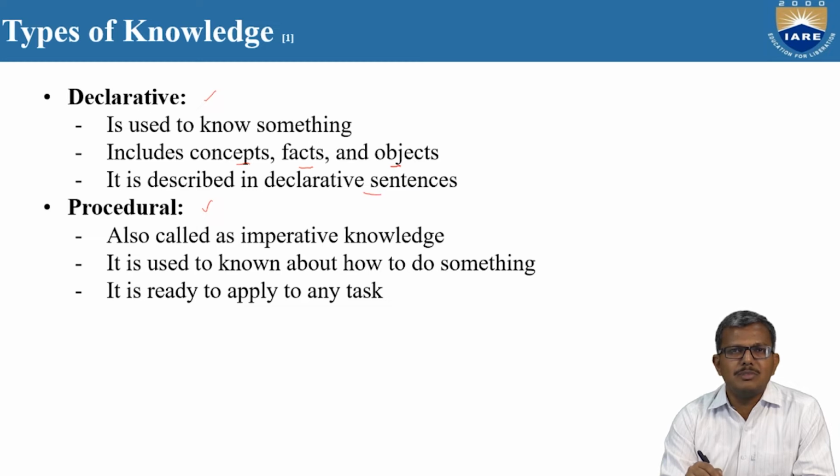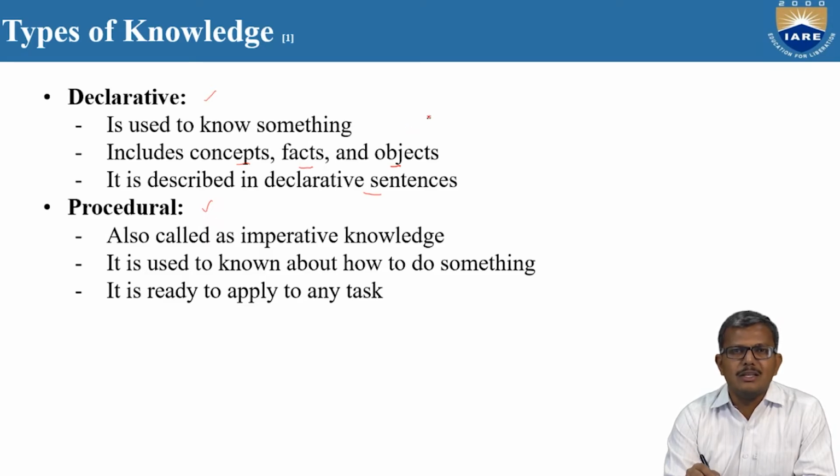We will take some simple examples and come to know what declarative knowledge is and how it looks. The first statement tells how we make use of that knowledge: it is used to know something. It is some general information, or general statements related to a particular domain.